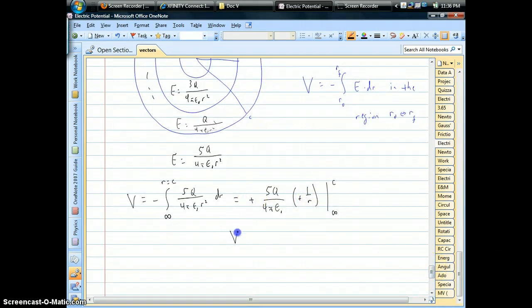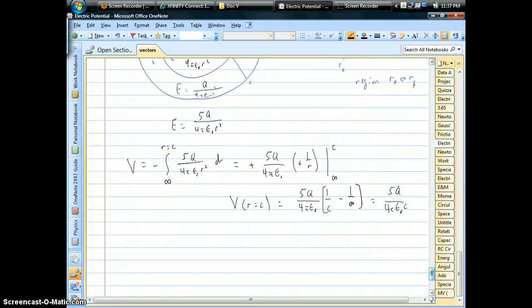And so the voltage of that outer shell is 5q over 4 pi epsilon. We plug in c, and then subtract what we get when we plug in infinity, but that's 0. So this is our answer. Okay, not too terrible.